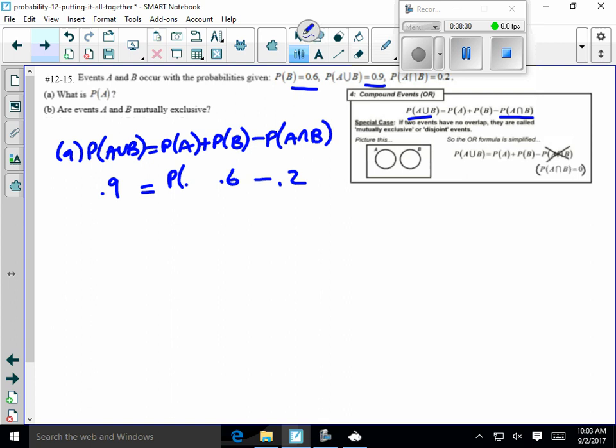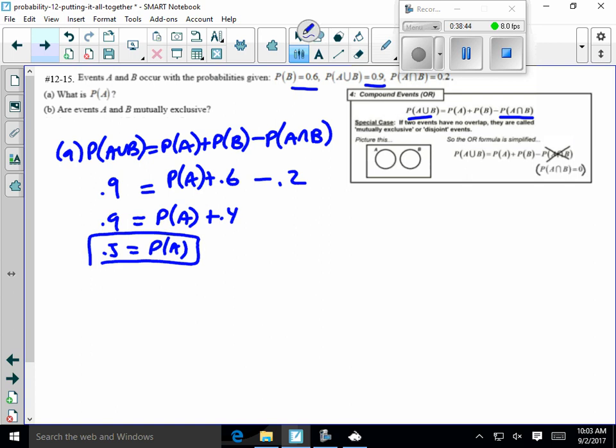That leaves just one thing left to find, so we can algebraically solve for probability of A. 0.9 equals probability of A plus 0.4. When I subtract, that means the probability of A has to be 0.5. Okay, so far so good. Let me go ahead and write it up there too. Probability of A is 0.5.